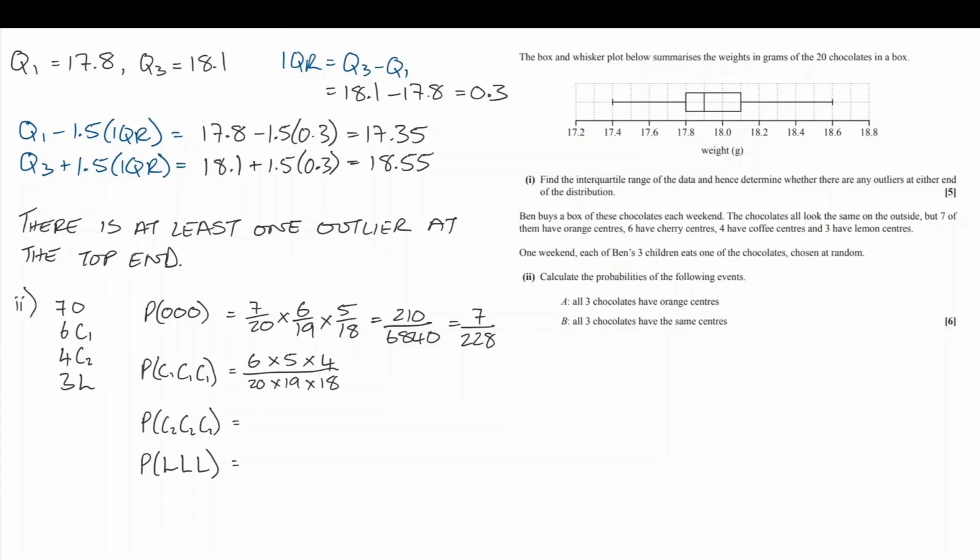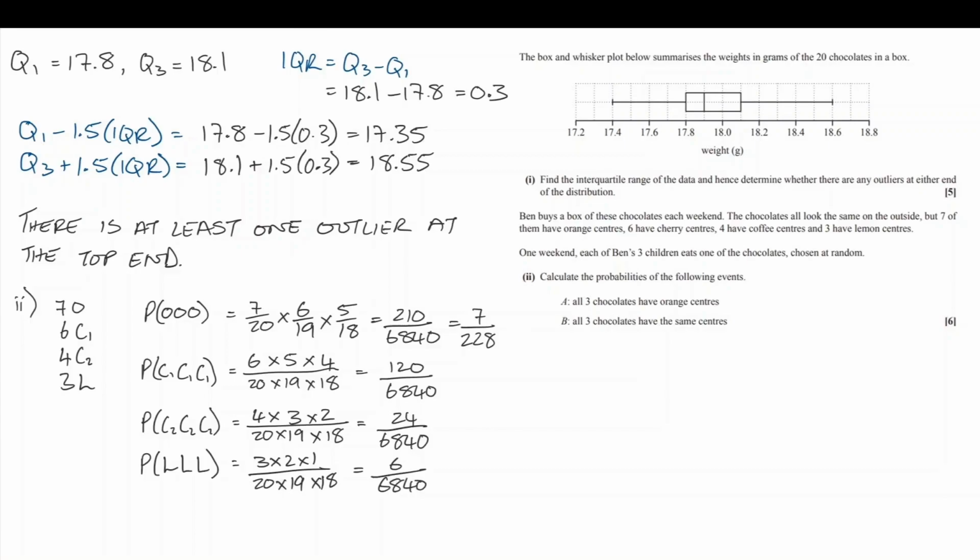And if you notice in the denominator, we always have the same product. 4 times 3 times 2 for the coffee, and 3 times 2 times 1 for the lemon. Okay, each of these are going to have the same denominator, 6,840. The numerators are 120, 24, and 6.